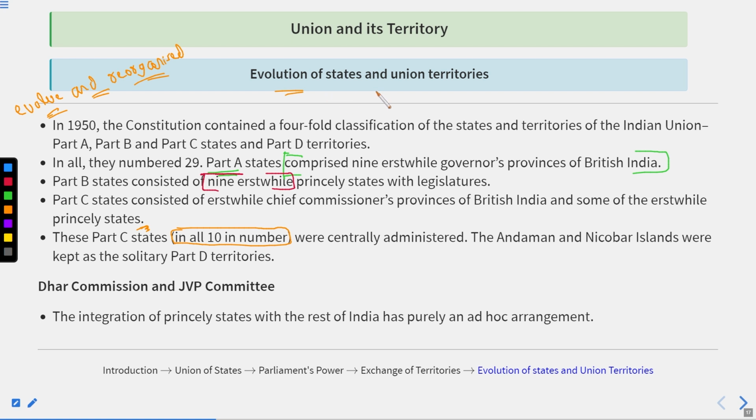All right. Evolve and reorganize the states. And for this, there were various committees. There were so many discussions. And on the basis of this, the entire states which we see today have been organized or reorganized, or evolved also. All right. So these are the things and tricks.